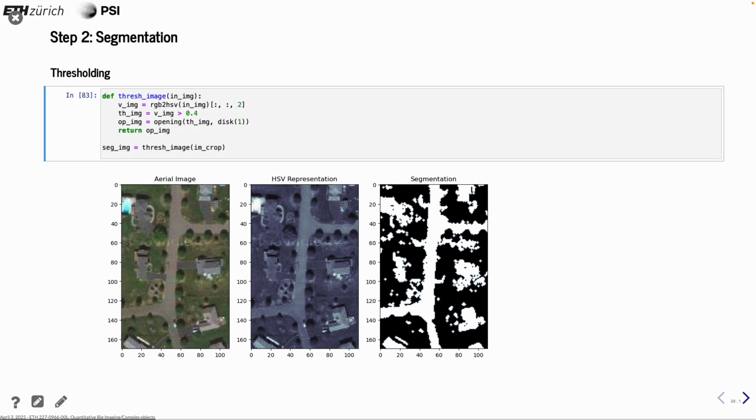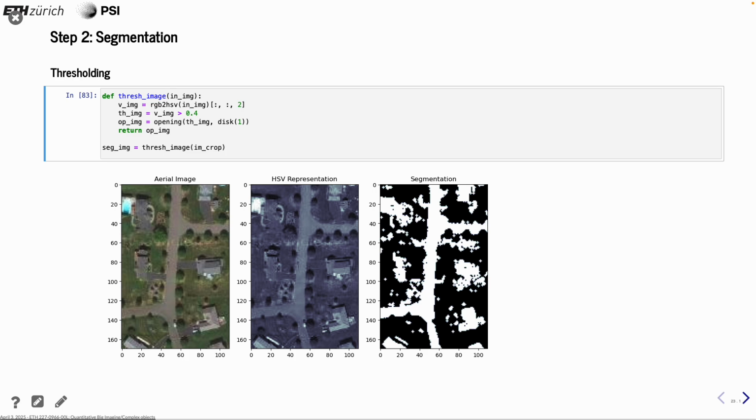So instead, what I did here was I converted into a different kind of color coding. In principle, it's the HSV coding, and that gives you an intensity, and it also gives you a color in terms of an angle, actually.